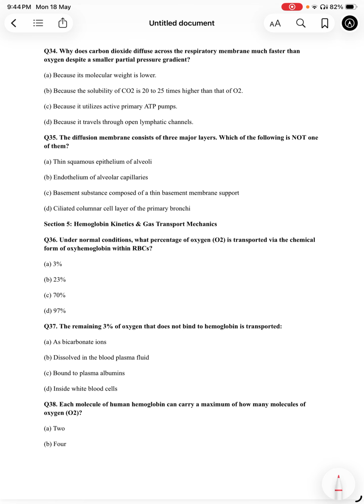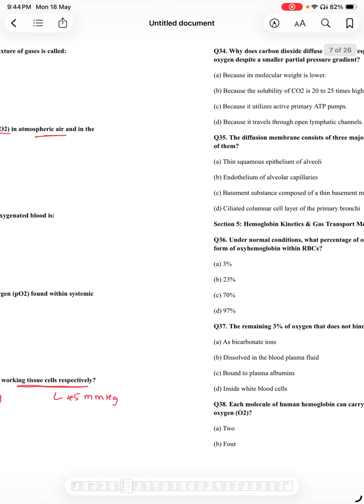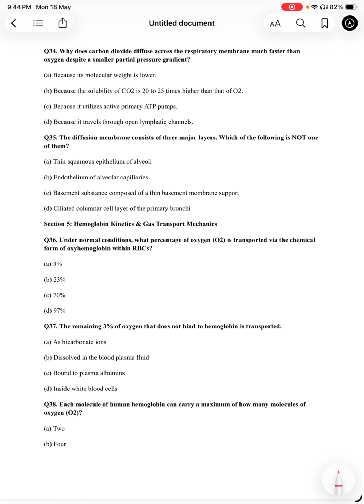Next question. Why does carbon dioxide diffuse across the respiratory membrane much faster than oxygen despite smaller partial pressure gradient?